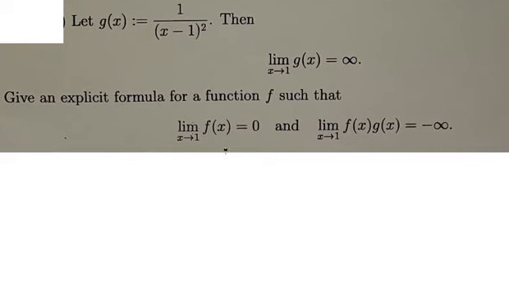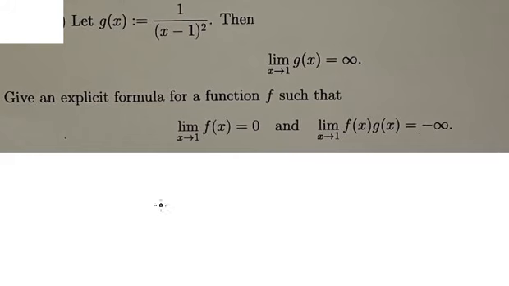Now they want to find what is the formula of f of s. We know that when s approaches number 1, you get about 0, but f of s multiplied by 3s gives negative infinity.